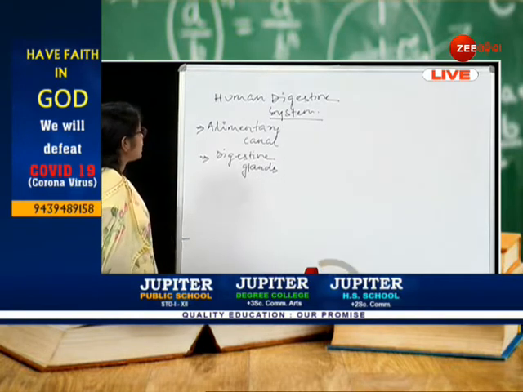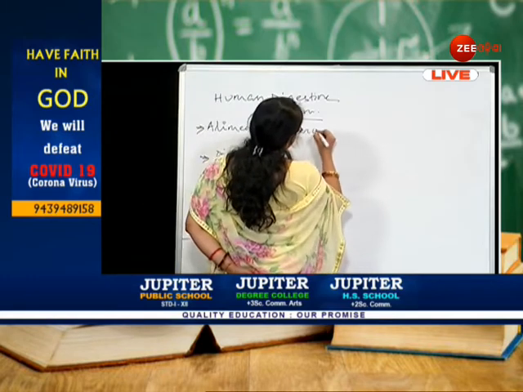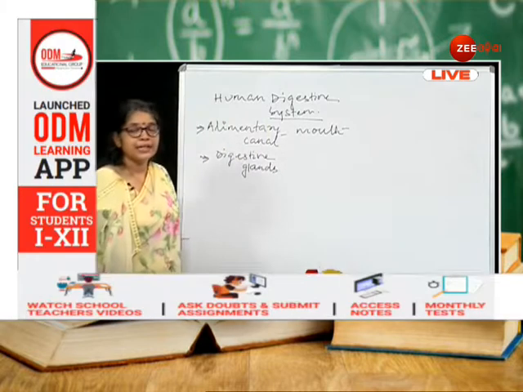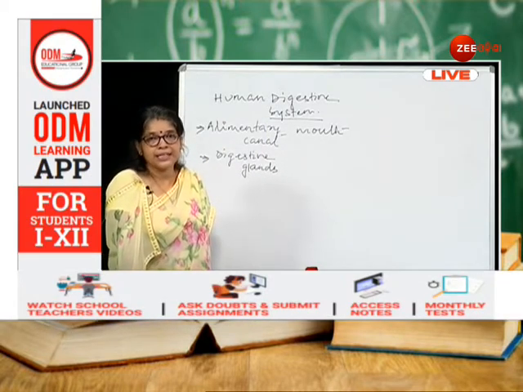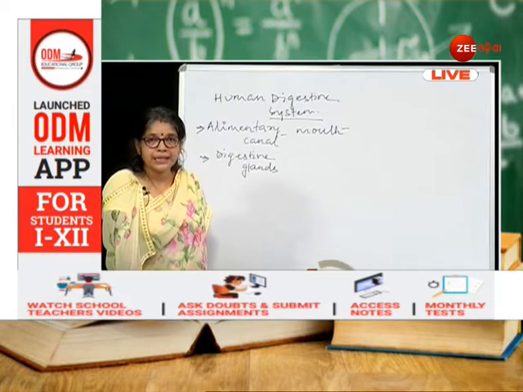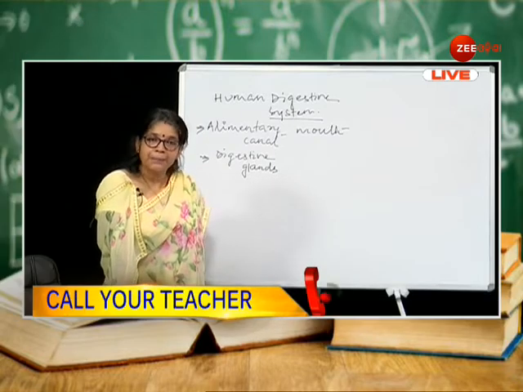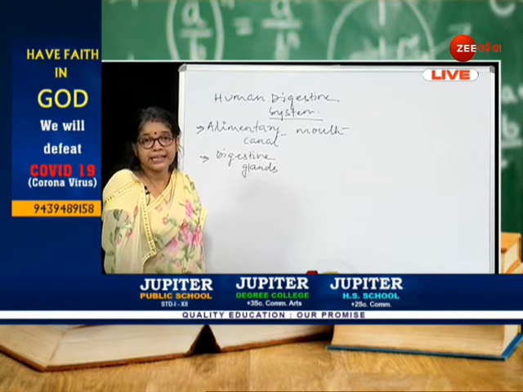So the first part is the alimentary canal, which starts with the mouth. The mouth is guarded by two lips, one the upper lip and another the lower lip. In between the lip and the jaw, there is a gap which is known as the vestibule.